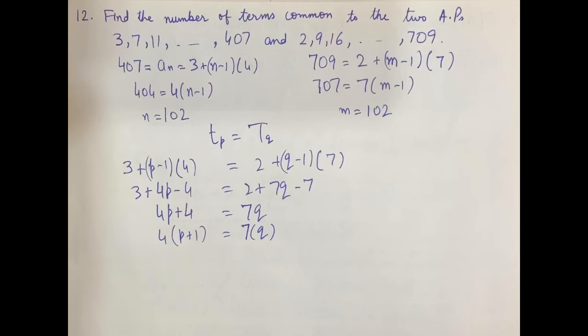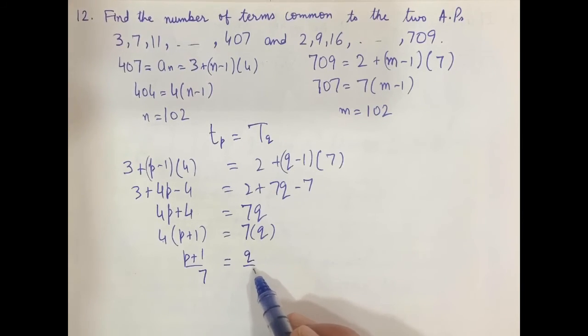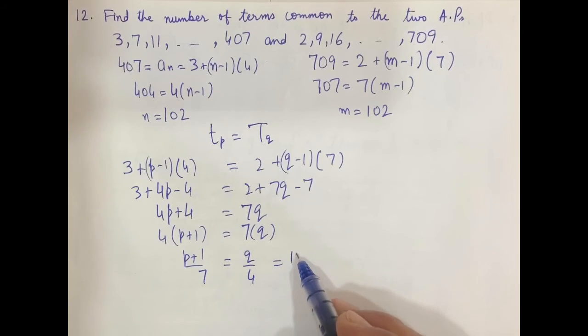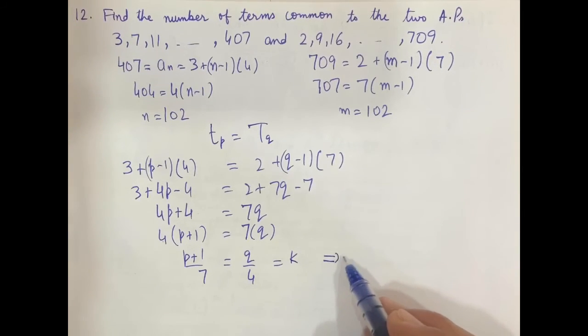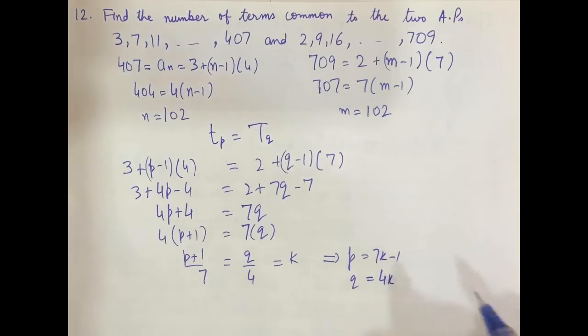So we have made the coefficients of p and q as 1. This can be written now as p plus 1 by 7 is equal to q by 4. Let us say this is k. This gives us p equal to 7k minus 1 and q is equal to 4k.